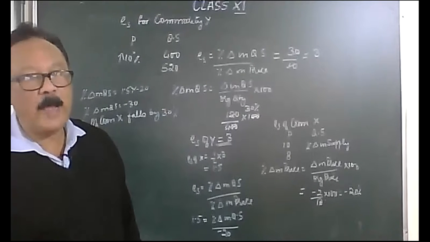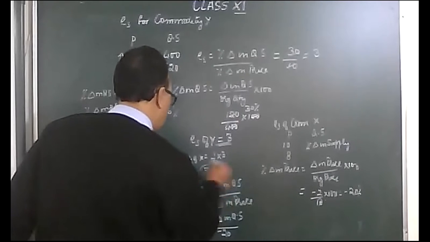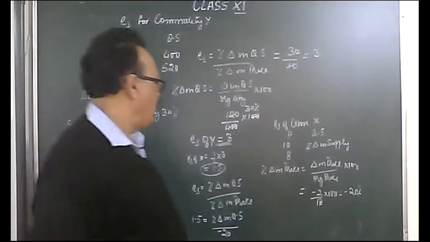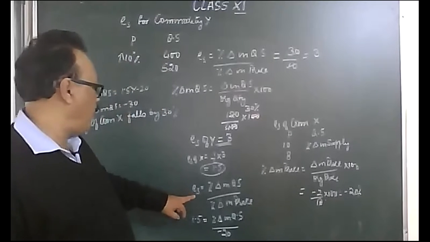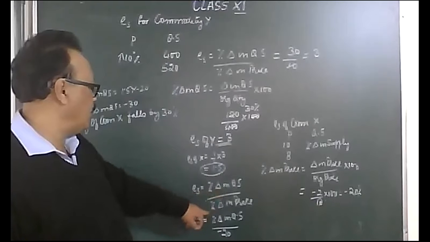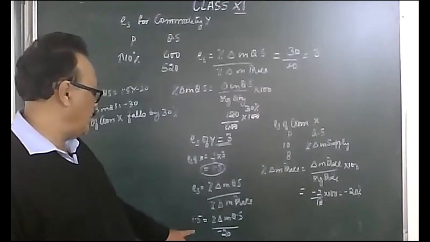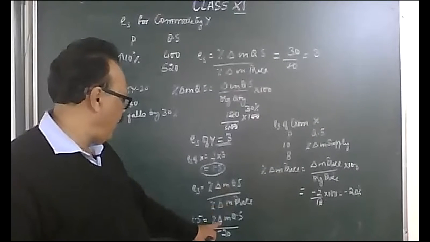Now we have two values. What are the two values? We have the elasticity of X and we have the change in price. So we substitute that in the formula. ES is the percentage change in quantity supplied upon percentage change in price. Elasticity of supply of X is 1.5. This we have to find out.